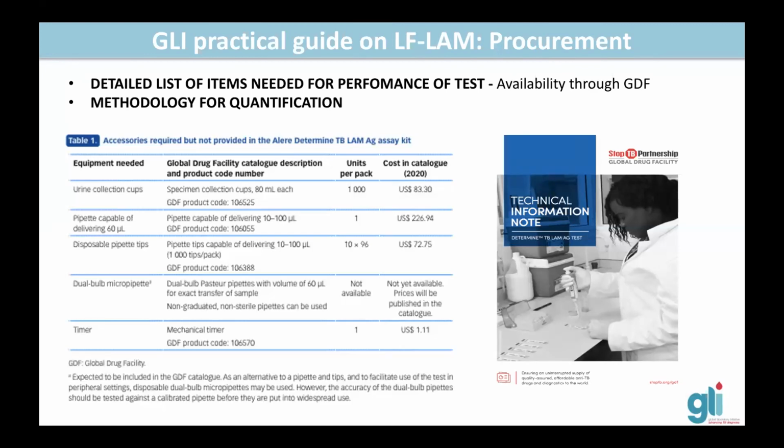Also, the guide includes a methodology for initial quantification of the lateral flow LAM assays. I want to highlight also that GDF has developed their own dedicated and detailed guidance on how to procure lateral flow LAM, and you can see it here. So it's another useful resource that is available.